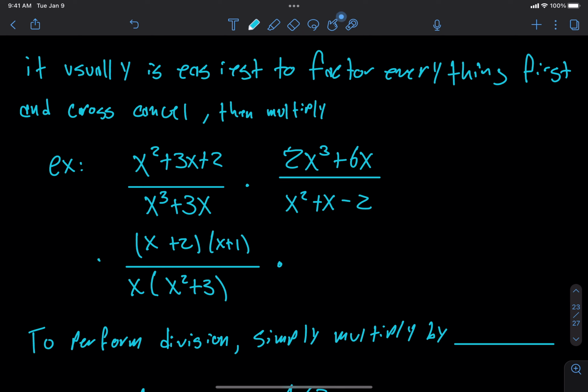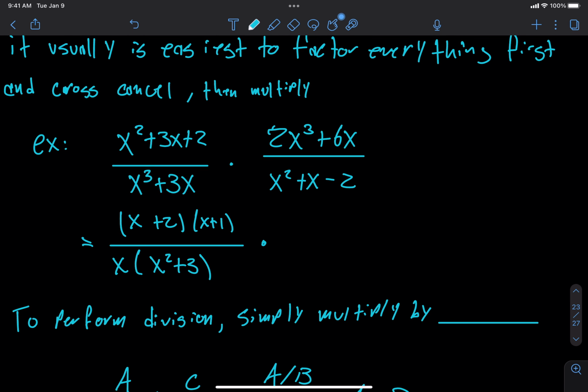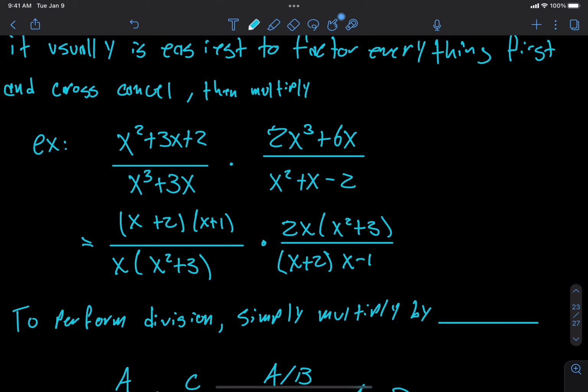Okay, now on the second one, what can I take out? A 2x, right? So we get 2x times x squared plus 3, right? And in the denominator, we would have x plus 2 times x minus 1, I think.